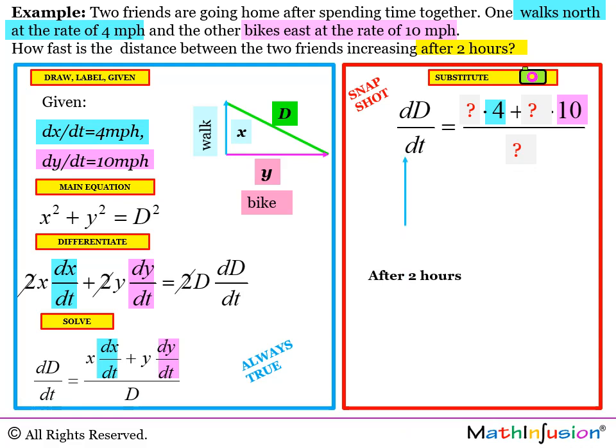But I can find it by doing another drawing that describes exactly the instant that is 2 hours after the start. After 2 hours, this is 8 miles, because if the rate of walking is 4 miles per hour, after 2 hours the distance from the start is 8 miles.